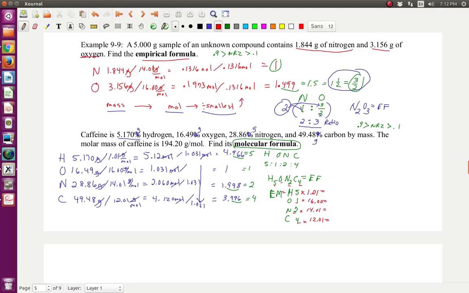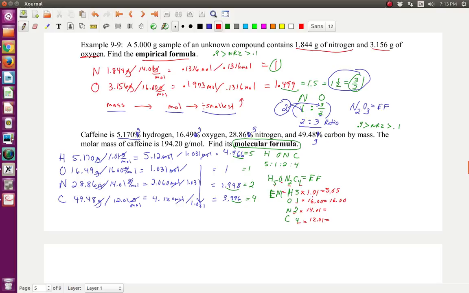So, multiply these through. I get 5.05 for hydrogen. Oxygen is 16.